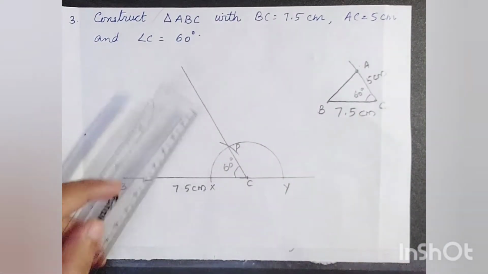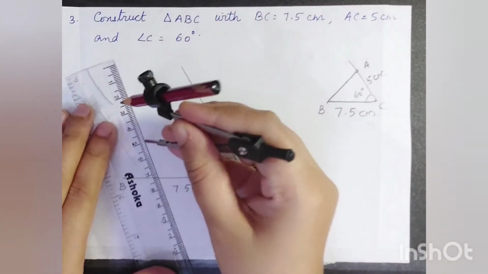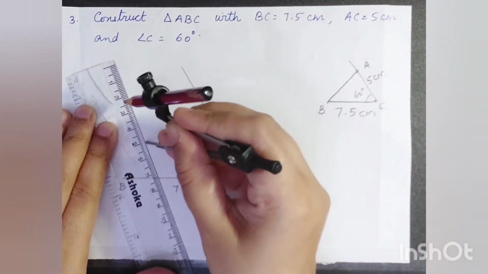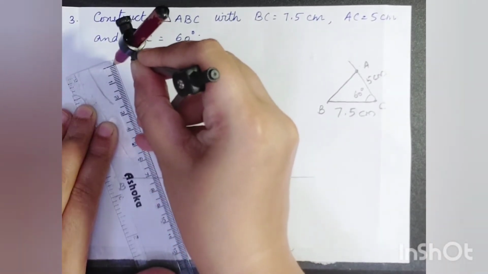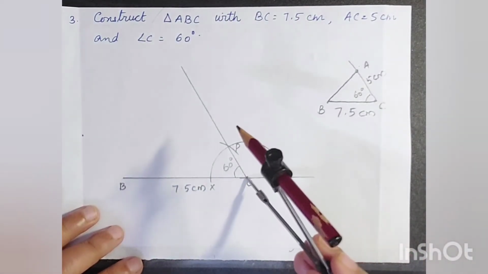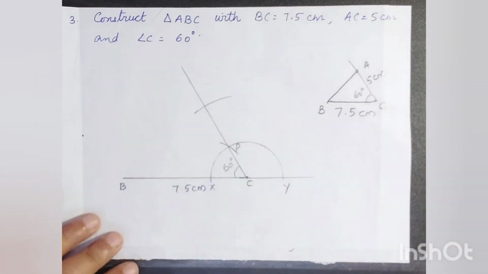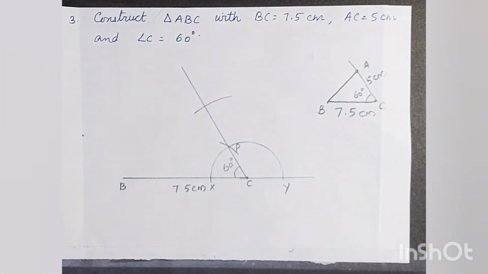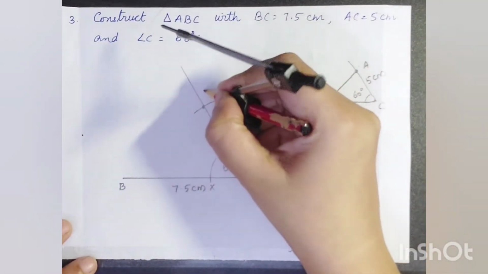We should take 5 centimeter on the compass. Five centimeter on the compass and keep C as a center point and cut an arc on the line. Okay. Now this point where the arc meets the line, this point is A.